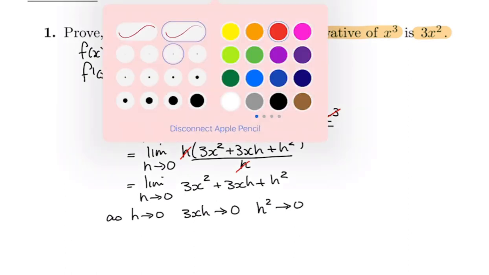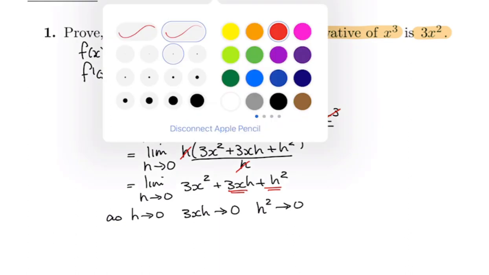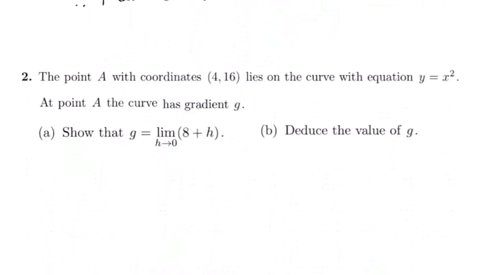So these two terms will also tend to 0, leaving me just the 3x squared term, so therefore f dash of x equals 3x squared, which is what I was asked to prove. Now let's look at how we can do this one with a few numbers in it.